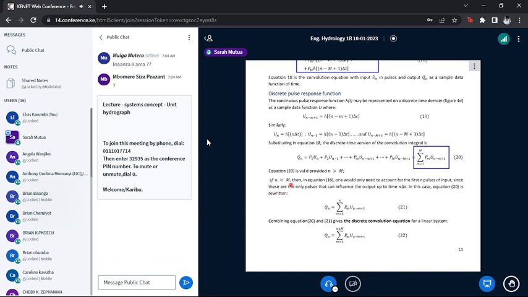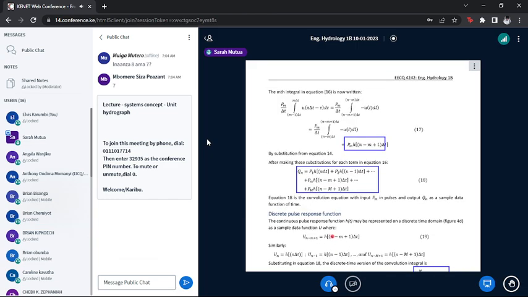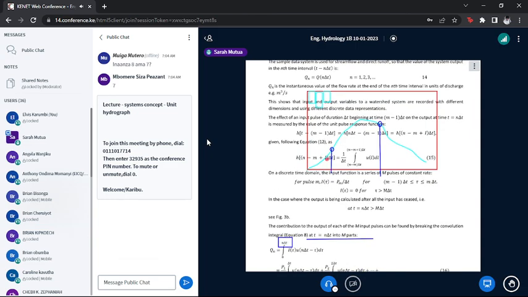Now, if n is less than M, and what do we mean by n is less than M? The n is less than capital M. And let me try to explain a little bit here. Capital M ends at that point.